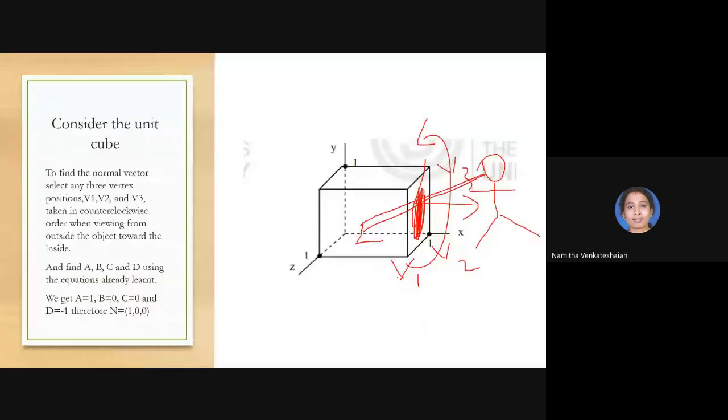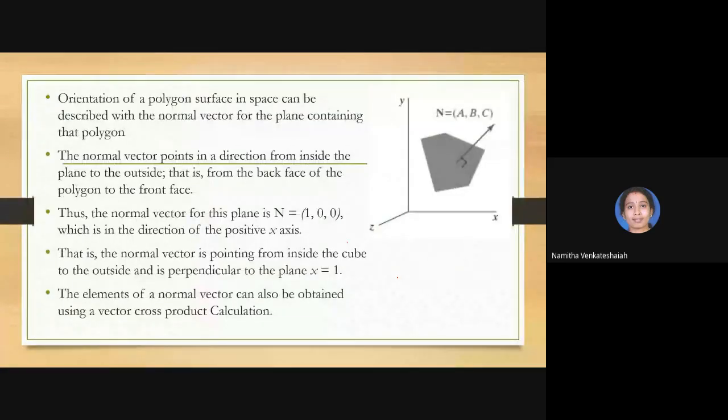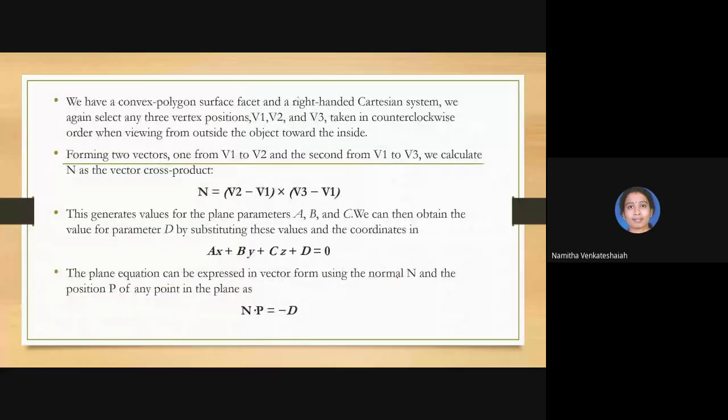Whatever values you obtain for A, B, C will be the normal vector, N equal to A, B, C. The second way is to consider V1 to V2 to form one vector and V1 to V3 to form another vector, and if you take the cross product, you will get the normal vector. And the plane equation can be expressed in vector form by considering the normal vector. This is the relationship for that.